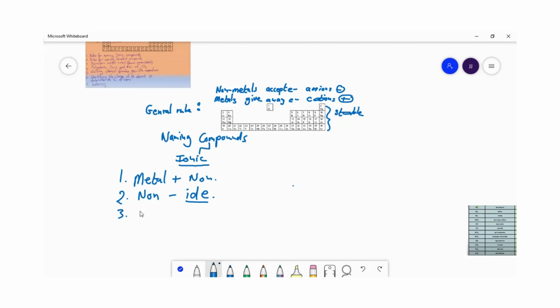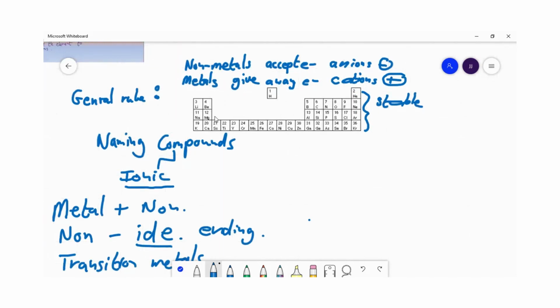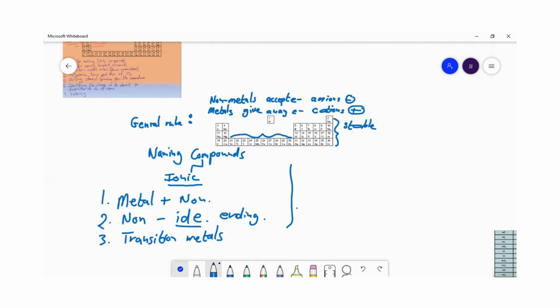Next rule is the transition metals. For our transition metals, these metals over here, they make things a little tricky for us, and they have different oxidation states.